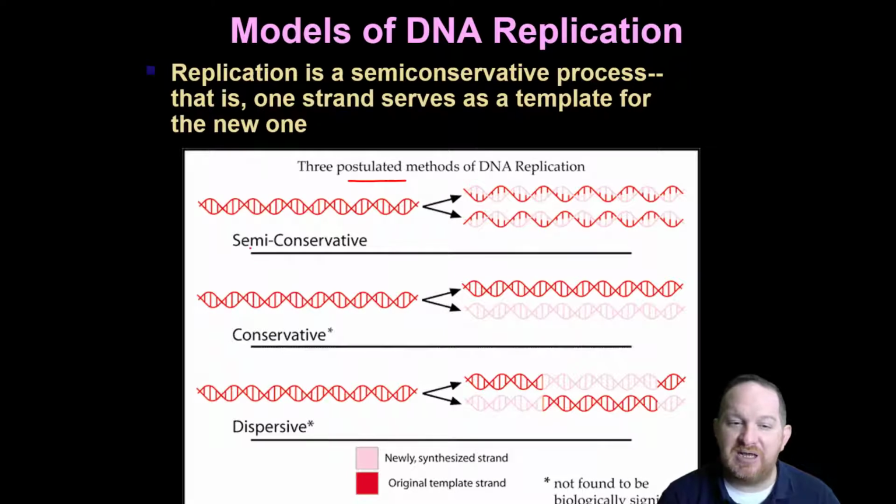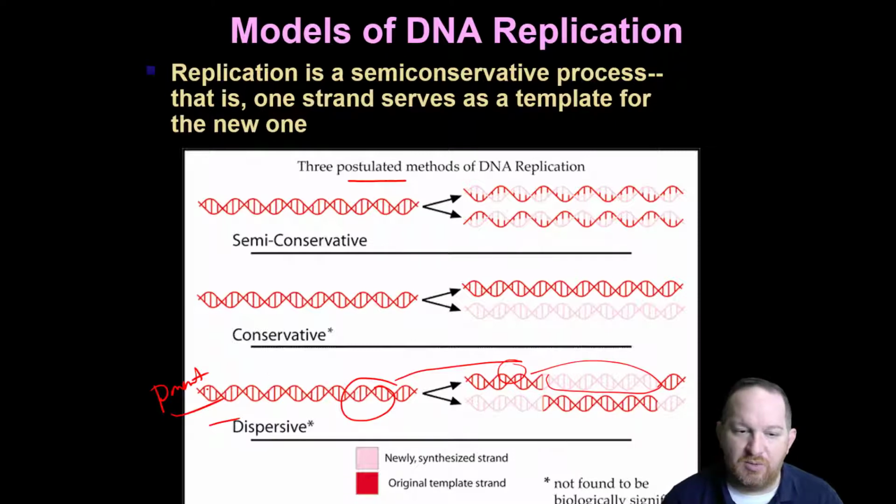Some people thought, okay, let's start down here, the dispersive model, meaning if this was our original or parent strand here, a little bit of this comes up into one, then there's a brand new copy made, and then a little bit of this part goes. This is a dispersive method.